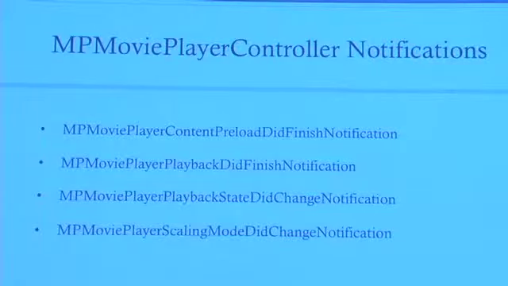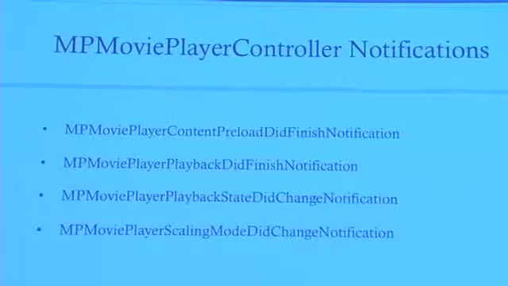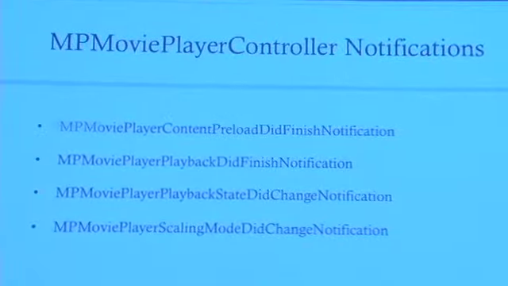And then the playback state did change notification lets you know when the user pressed pause or dragged that forward button, forwards or backwards. Just gives you that notification. And then the scaling mode did change notification will let you know when the user, say if you had a movie that wasn't taking up the full screen, it always gives you that option to fill up the whole screen by clicking on the expand button, and then this will trigger that notification if you do that.